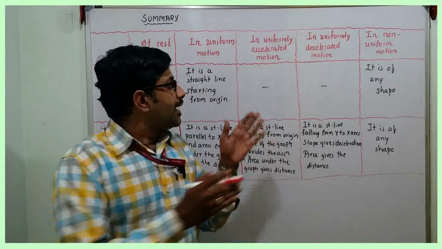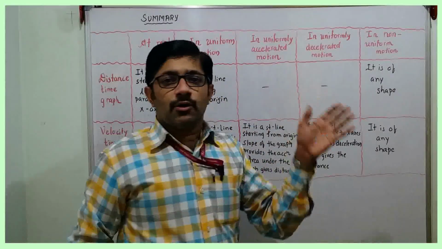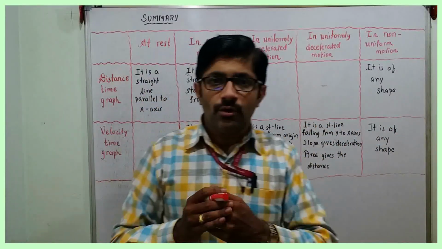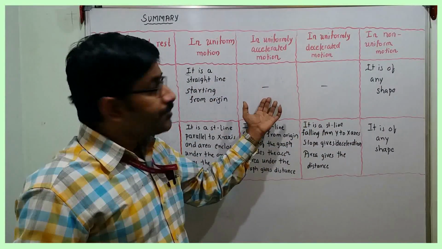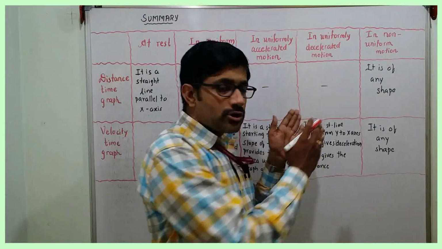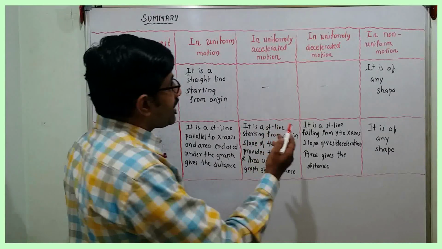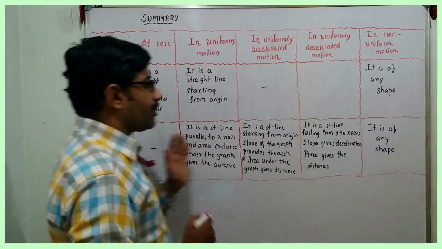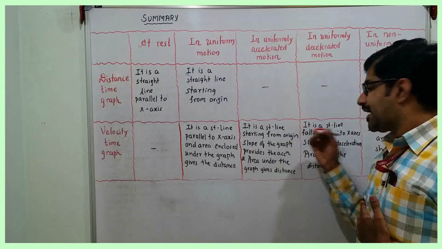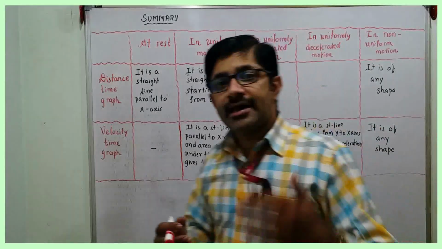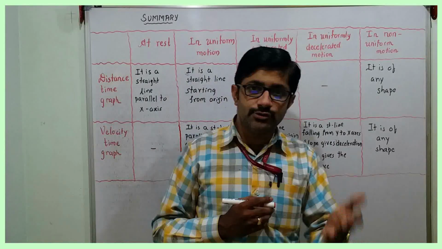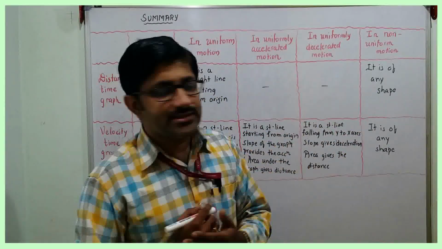I am not adding these two because we did not plot the distance time graph. Why is it so? The distance time graph will not give the complete information and hence we are skipping that portion. On the other hand, the velocity time graph is a straight line falling from the y-axis to the x-axis, and again the slope gives you the deceleration this time, and the area again gives you the displacement or the distance traveled.